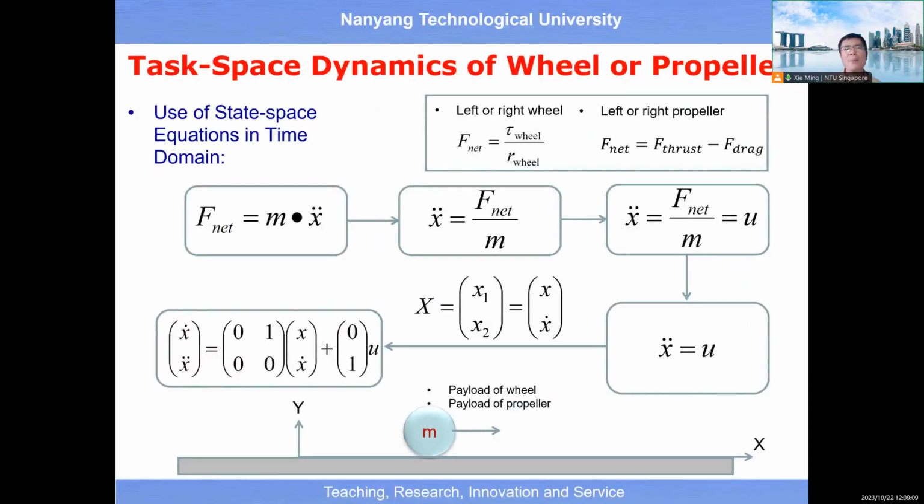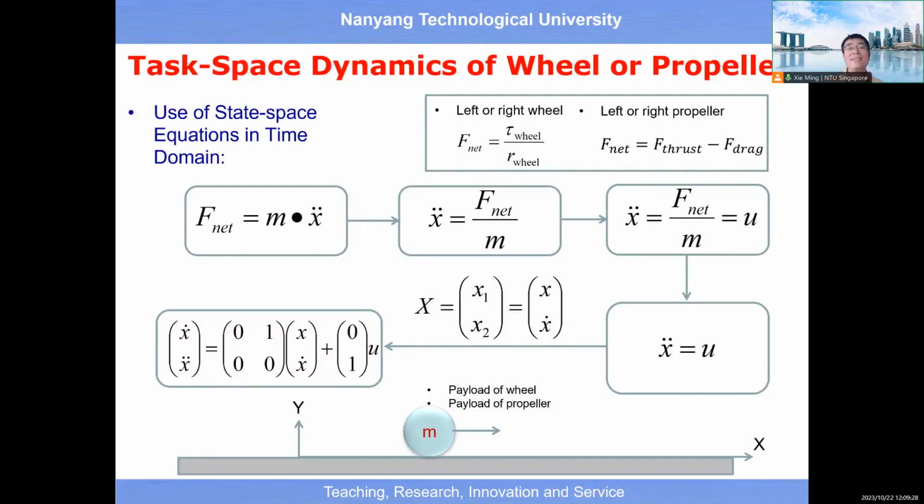Then in terms of control, what should be the dynamics of the view or propeller under control in task space? Now you see, we are just showing you the result in task space. For example, in task space, we notice Newton's second law, right?